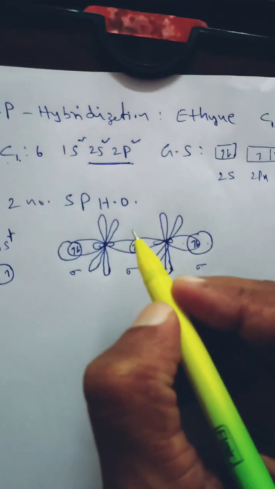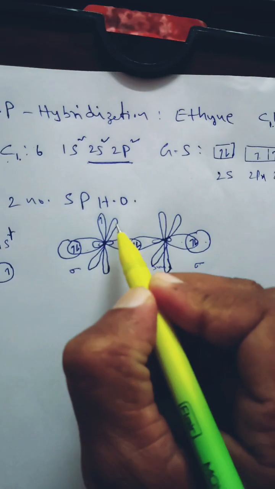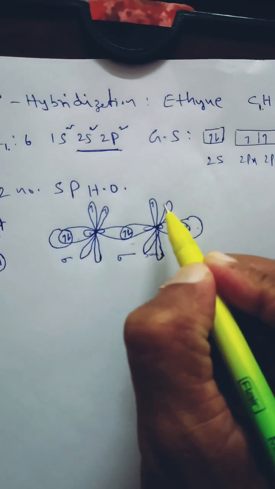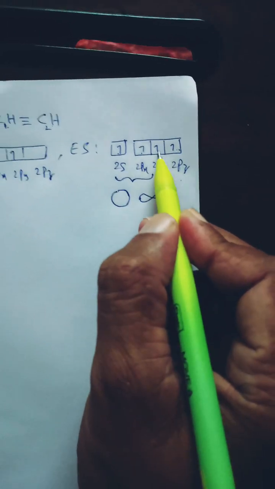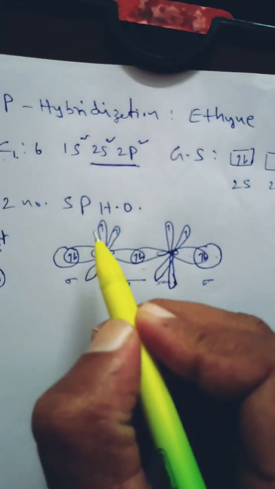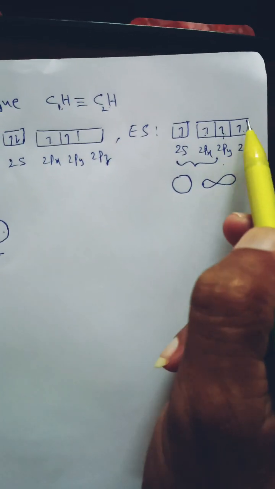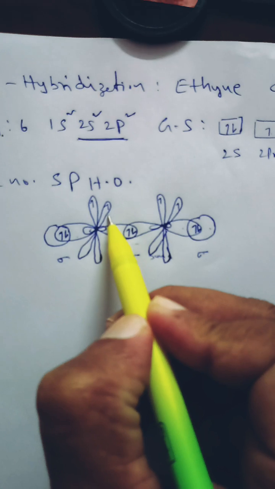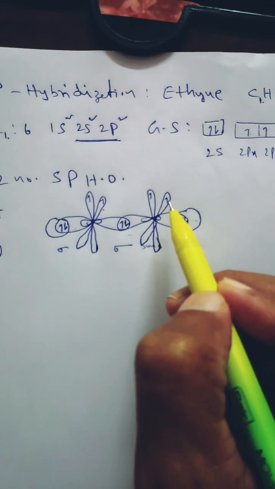So like this, for one carbon, one electron, another electron. For the second carbon, this electron, this electron. For one carbon, this electron is this one. For the other carbon also, this is one, this is one.